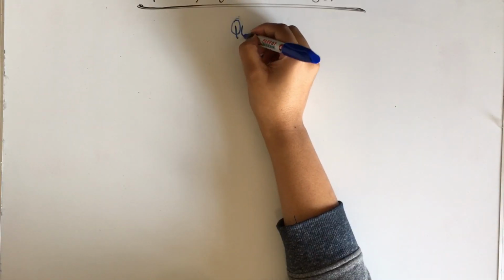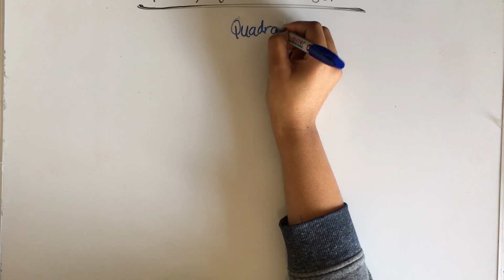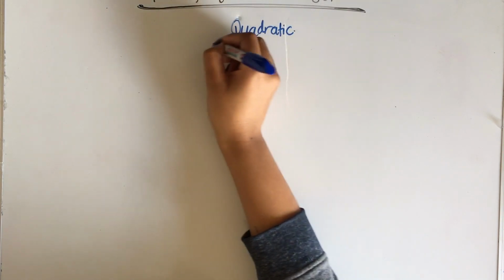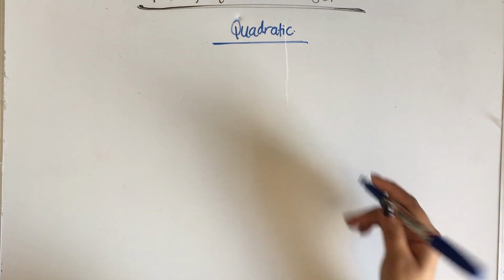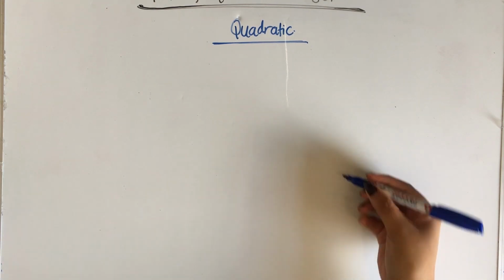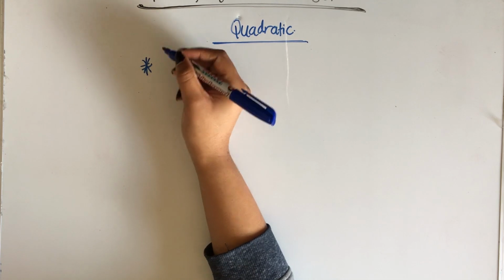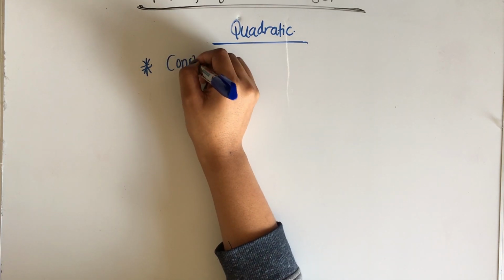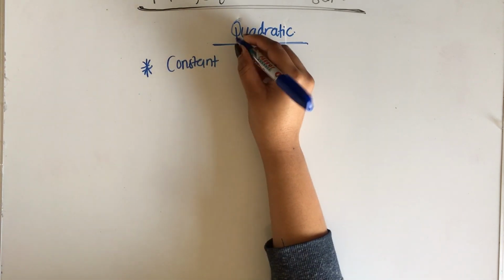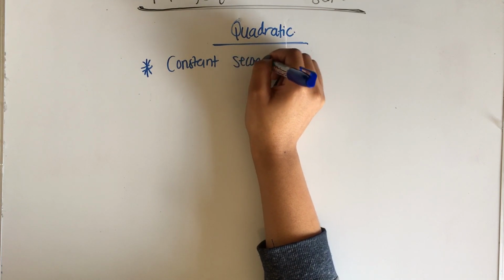Next is quadratic patterns or sequences. The first thing that you have to note about a quadratic pattern is the fact that it has a constant second difference.